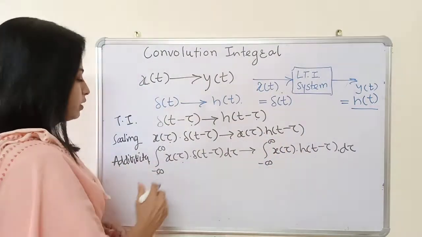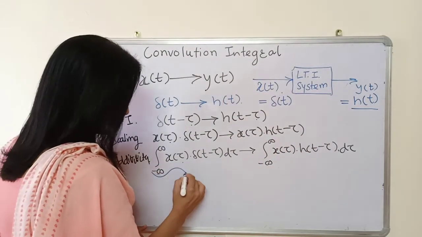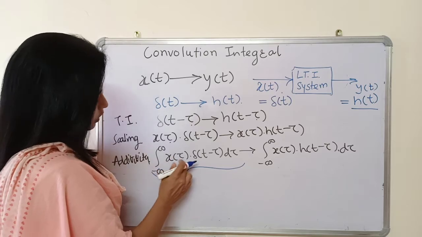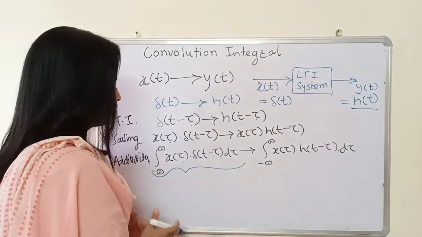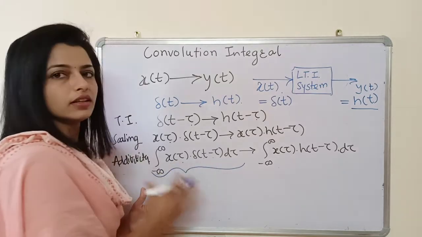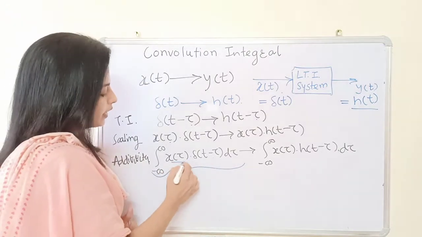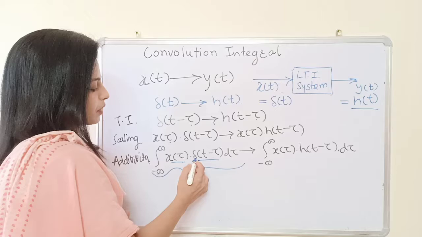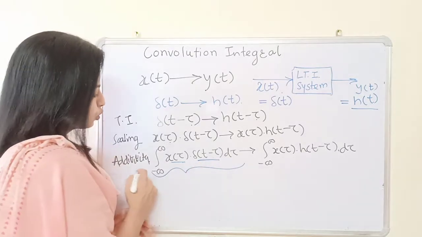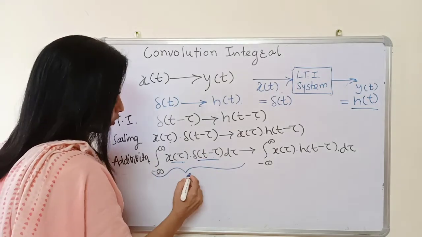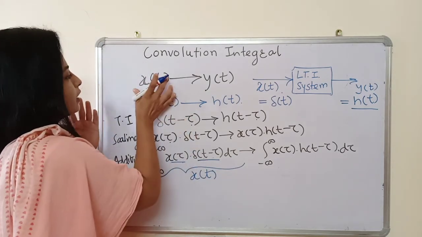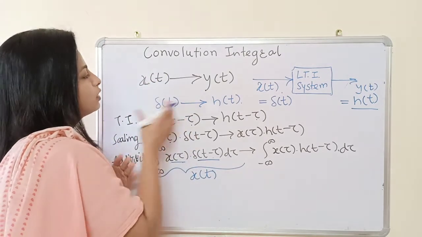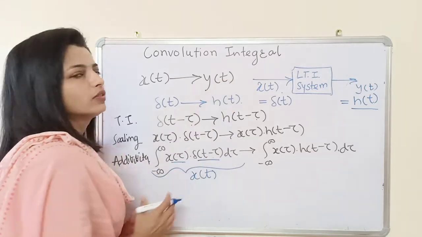Now observe this thing, x of tau delta of t minus tau. In the last video we have seen how to represent a signal in terms of weighted and shifted impulses. So this is the representation of signal x of t, and as we give x of t to the input of the system, we get y of t at the output.